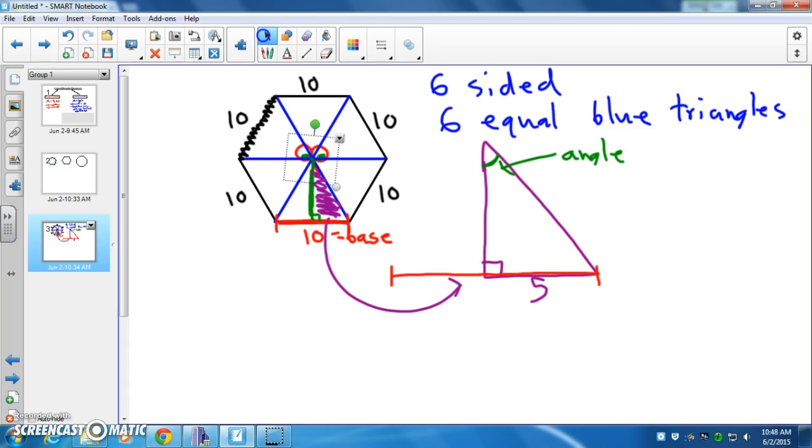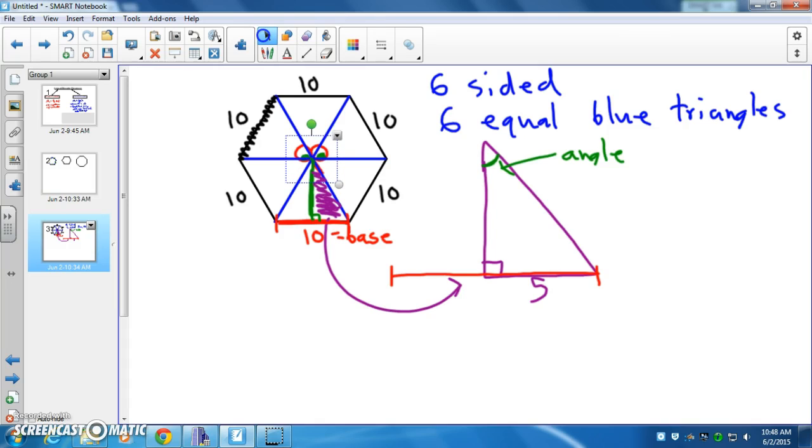If a bird spins a whole loop around, okay, watch with the beak. If the bird spins a whole loop around, that one revolution is 360 degrees. Now my question is, look at the beak as it goes from the green to the blue, from the green to the blue. I want to know what that angle is.